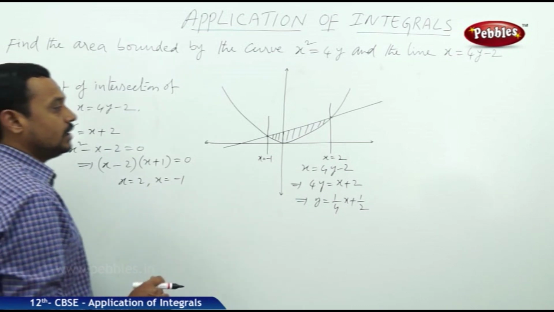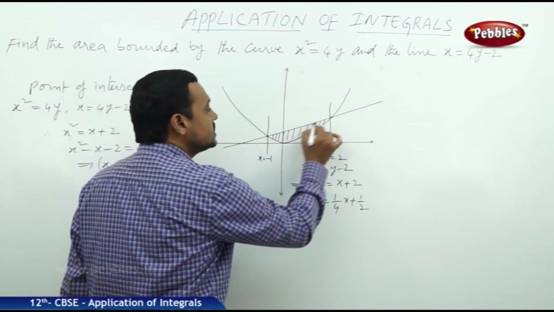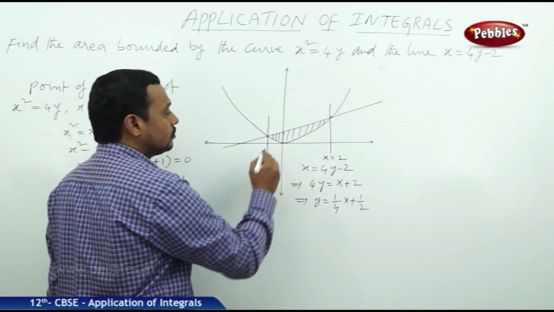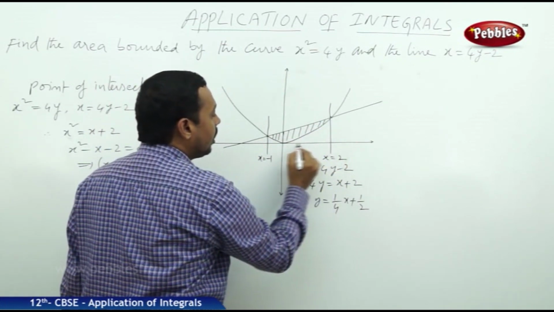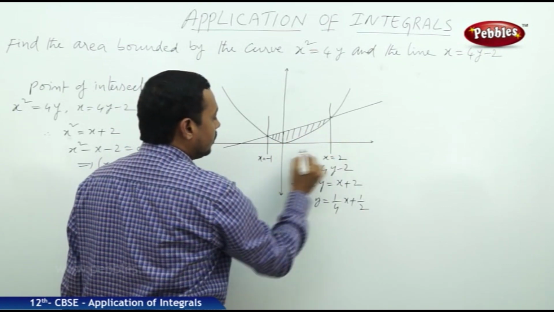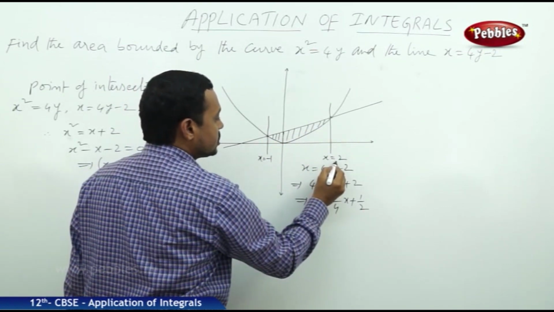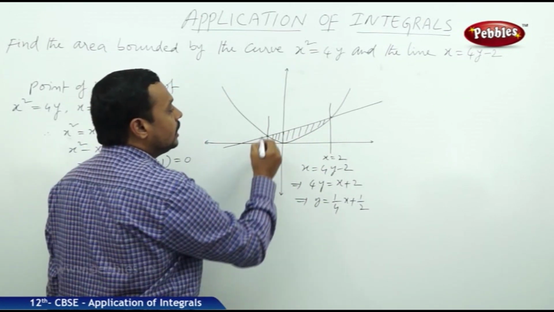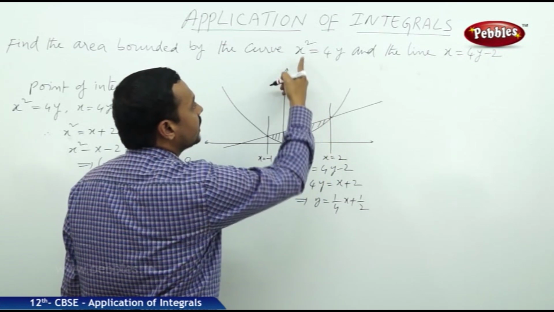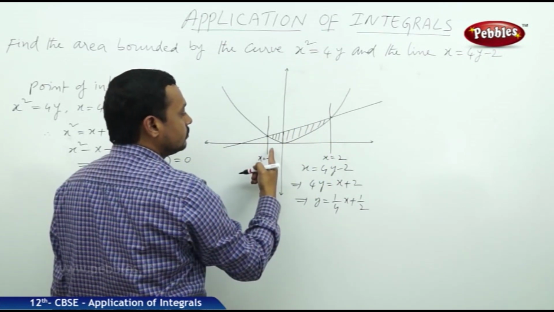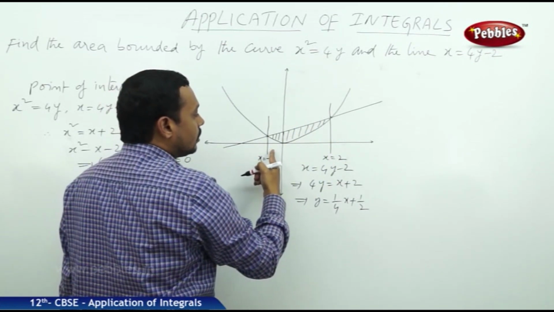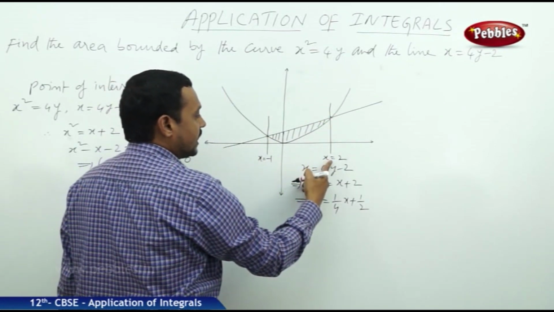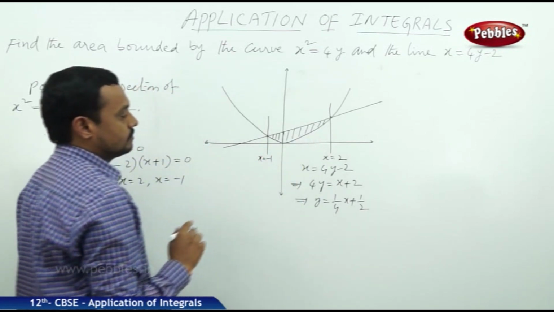Now here you see, this shaded area is equal to the total area formed by x is equal to minus 1 and x is equal to 2 with the straight line, minus the area of this curve x square is equal to 4y formed by the same lines x is equal to minus 1 and x is equal to 2 with the x-axis.